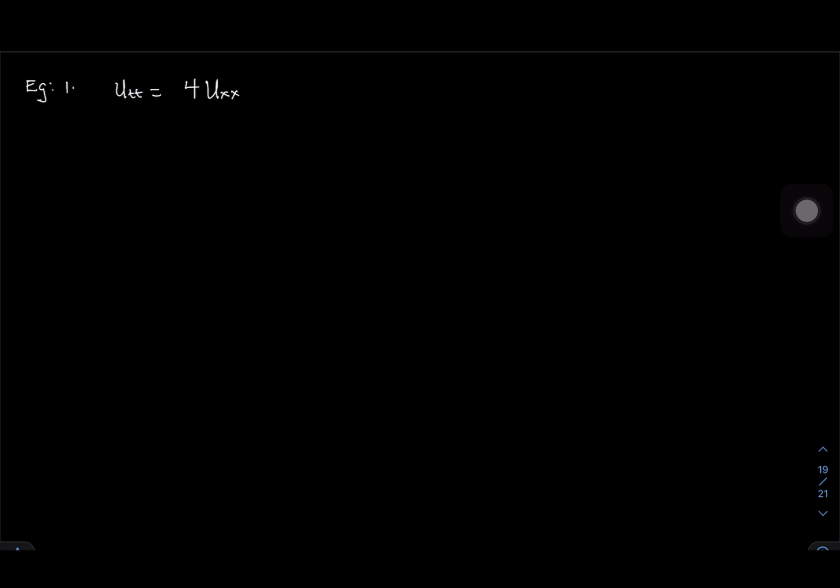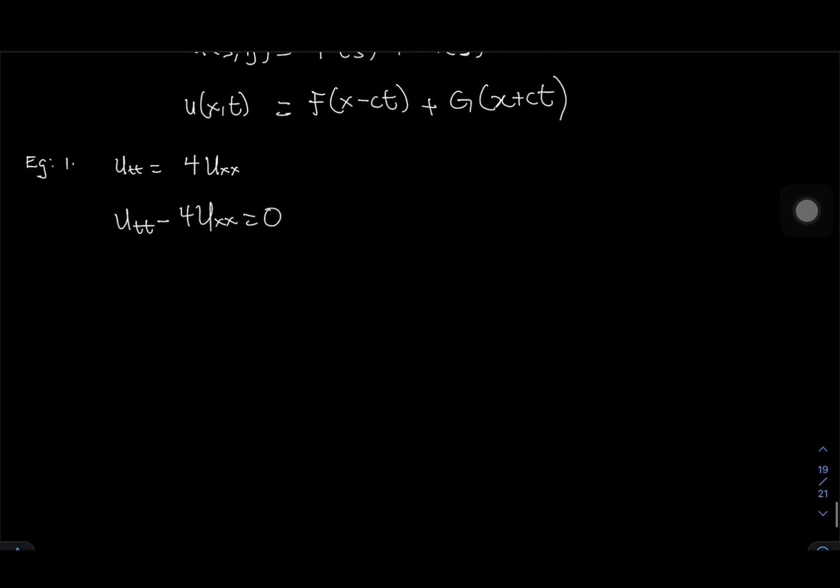So in the first example, we have u_tt equals 4u_xx. We can rewrite this as u_tt minus 4u_xx equals 0, and that is very simple because anytime you have a wave equation like this, the solution u(x,t) is supposed to be a function of x minus ct.